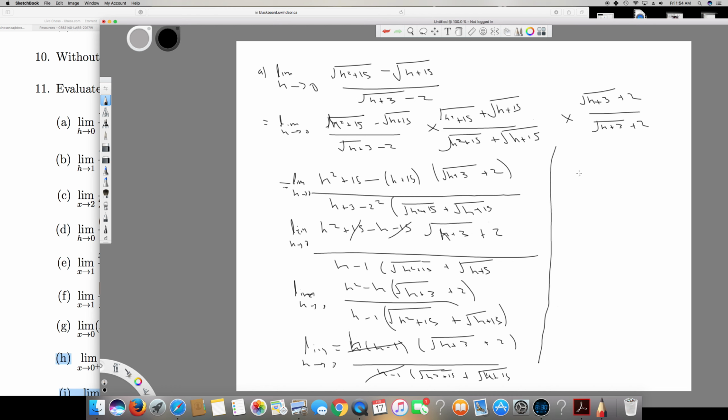So if I write that one here, limit h approaches 0, h square root of h plus 3 plus 2 over square root of h square plus 15 plus square root of h plus 15. So in this case, now I'm going to put the 0 directly. So if I put 0 for h, 0 multiplied by this one 0, 0 divided by this one 0, therefore the answer is 0.